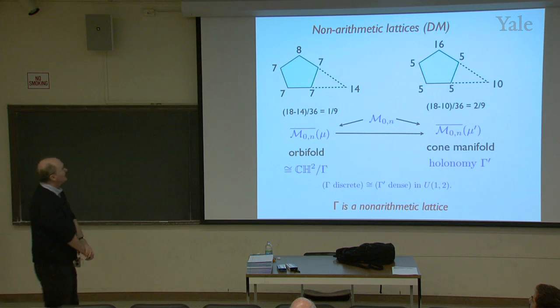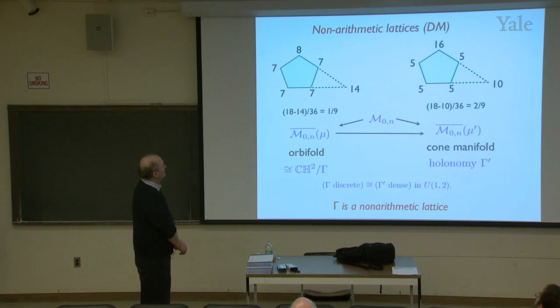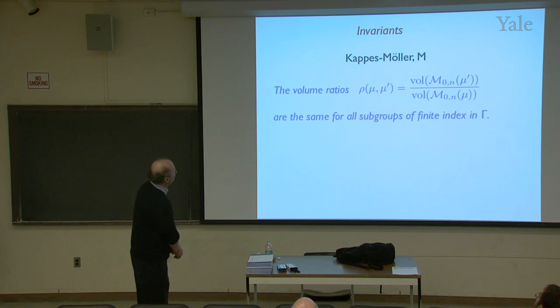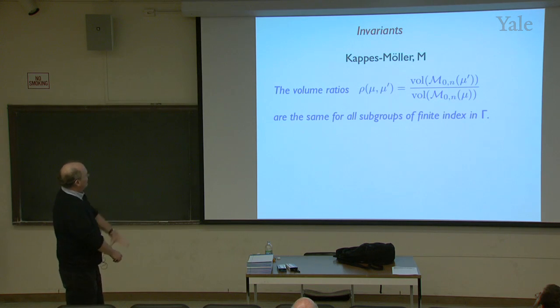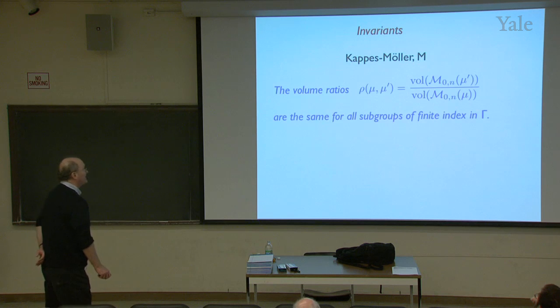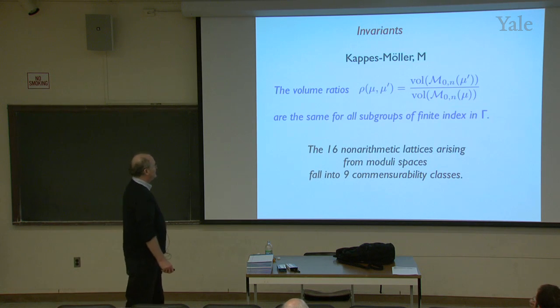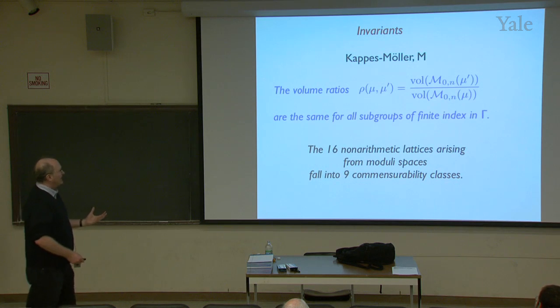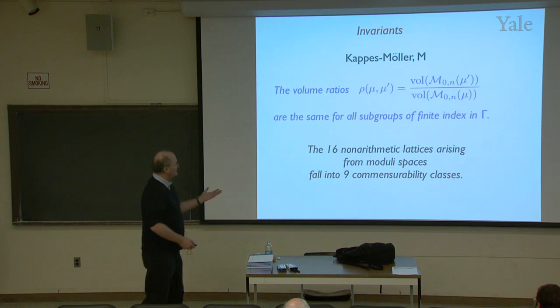OK, so let me just complete this example and finish with an open question. So what Capes and Muller, slightly modified by my idea of using volume, observed is that these volume ratios are the same for all the subgroups of finite index in gamma. In other words, they're commensurability invariants of these groups. And there are 16 non-arithmetic lattices arising from these moduli spaces.